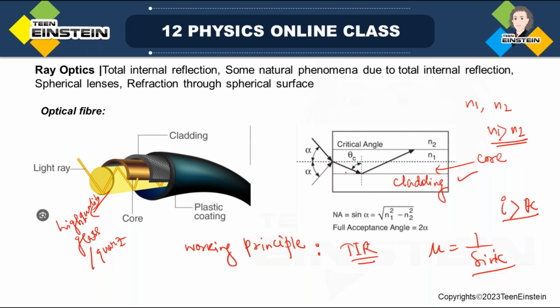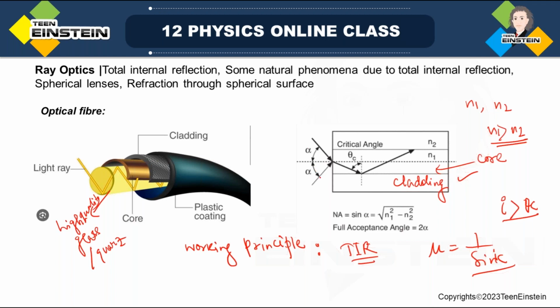But there is a limit to the angle at which it should enter with the axis of the fiber. The maximum angle is denoted here as alpha.